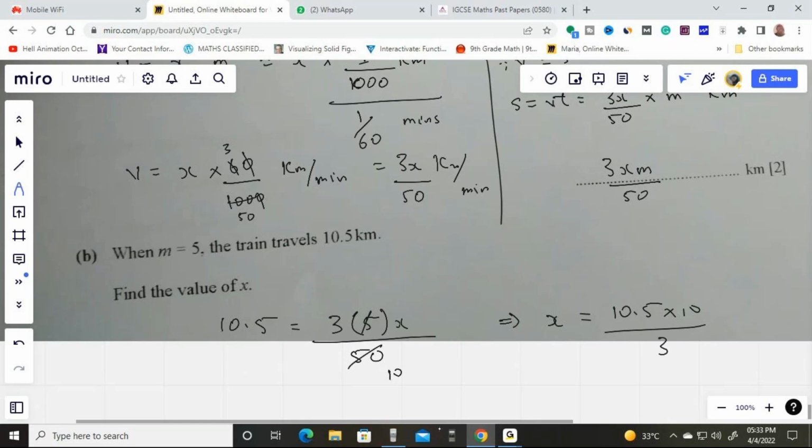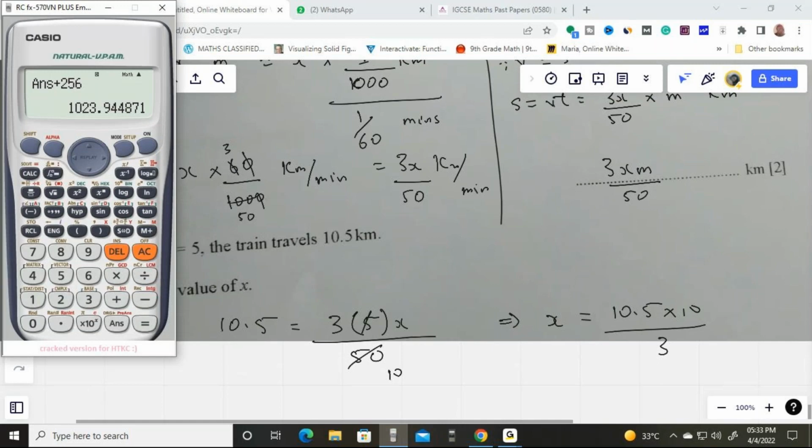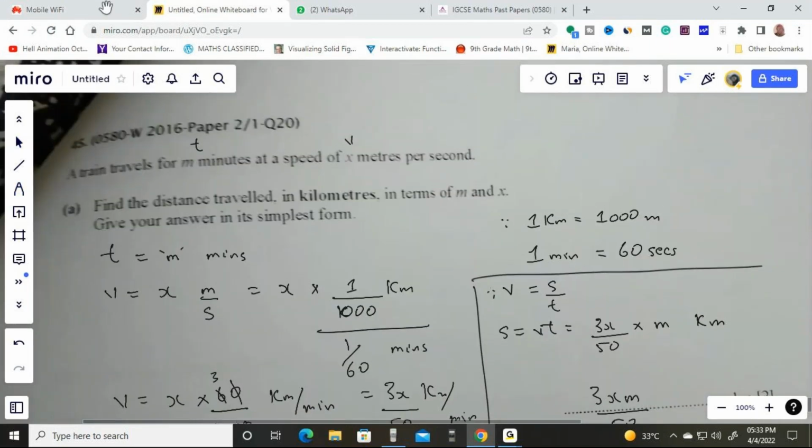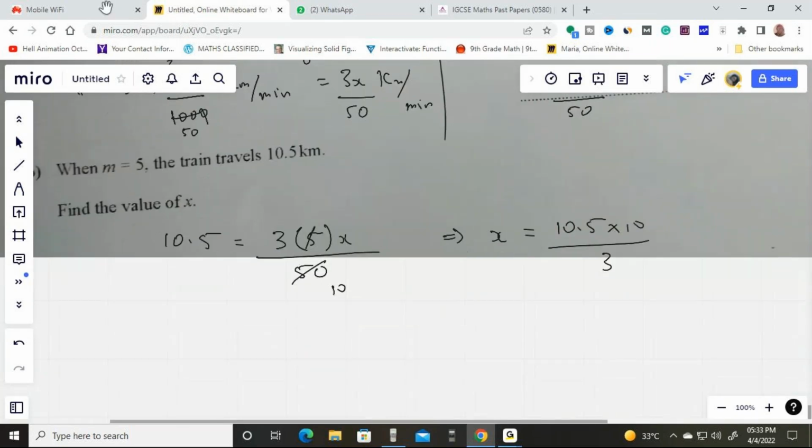You can simplify and get your answer, 35. It's not in kilometers, I must say. x was your speed, so it is in kilometers per minute.